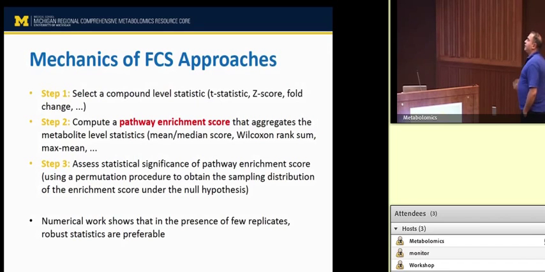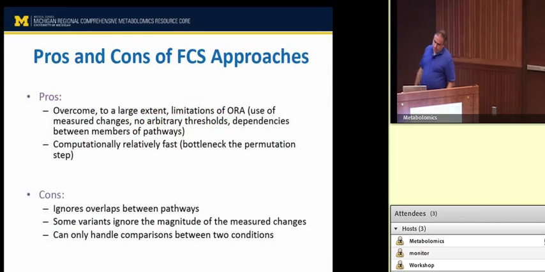And people have done a lot of numerical work, even simulation studies, and this is what we have learned over the years by doing this type of comparisons. What are the pros? Essentially, it overcomes the limitations of over-representation analysis because it takes into consideration how strong the changes were.